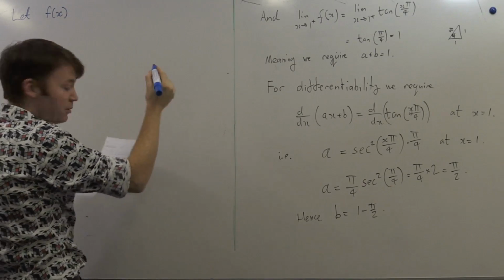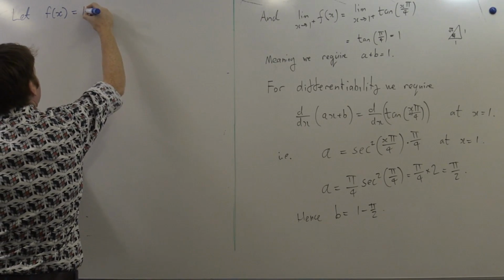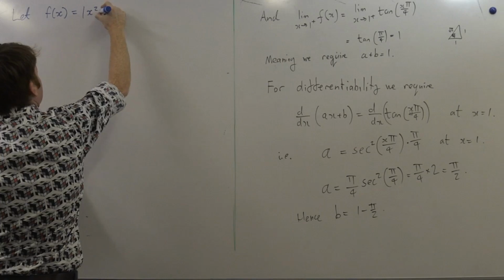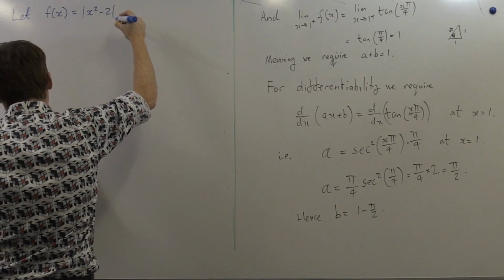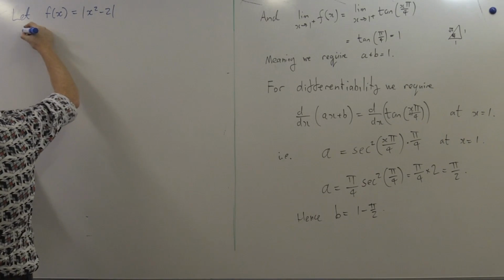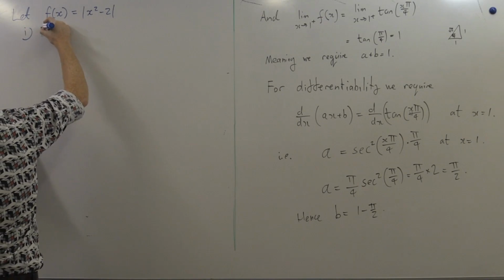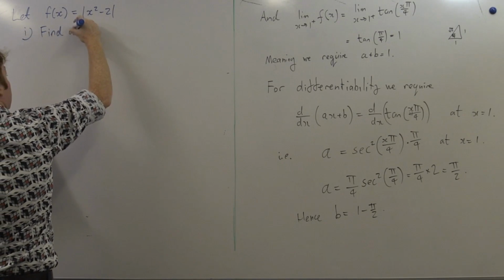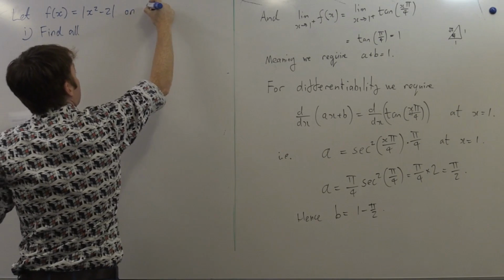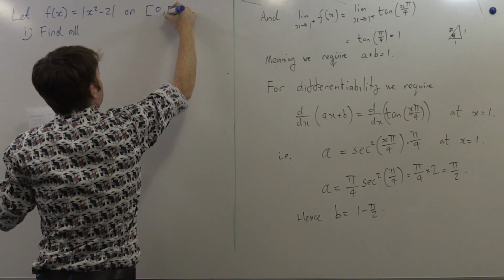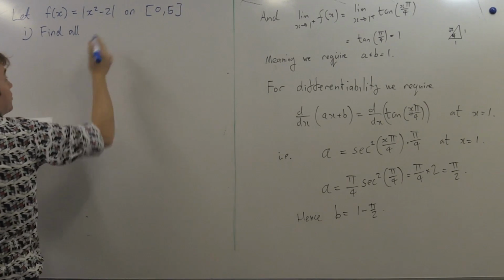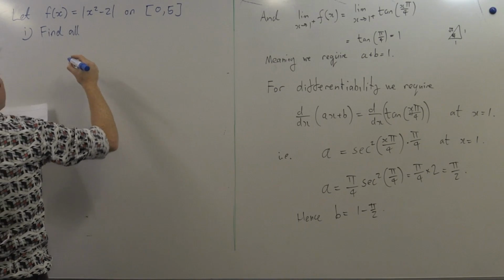So this is the final question in the stream. It's worth 3 marks. Part 1. So I'm defining this function on the closed interval 0 to 5.